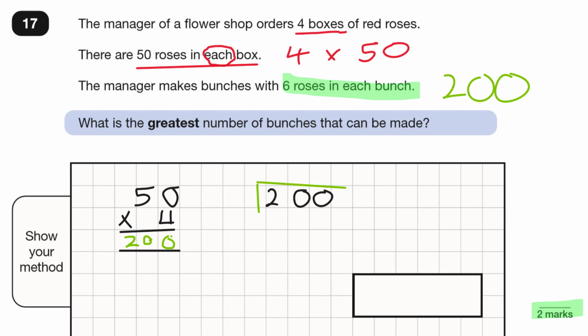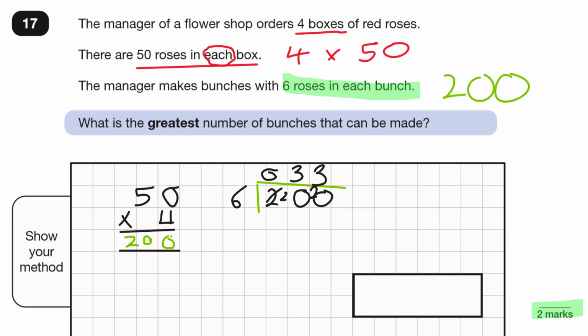So we're going to do a short division. 6 into 2 does not go, so that becomes a 20. 6 into 20 goes 3 times, and there is a remainder of 2.